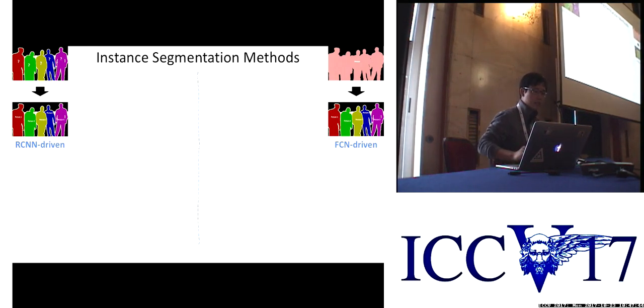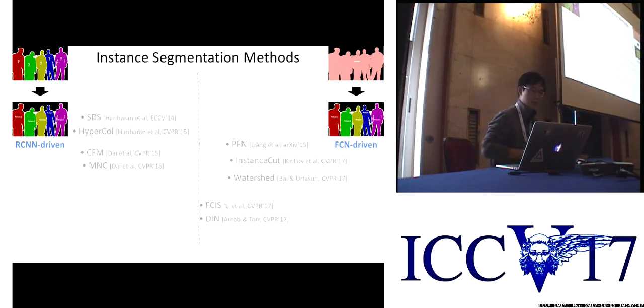So here is a very rough categorization of the methods in the literature. SDS, also known as simultaneous detection and segmentation, is possibly one of the first R-CNN-driven methods for this task. Following that work, there are the hypercolumn method and also the convolutional feature masking and multi-stage network cascade methods from MSRA. These are the R-CNN-driven methods.